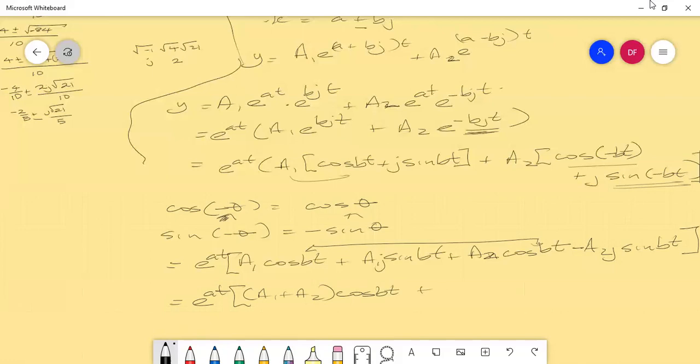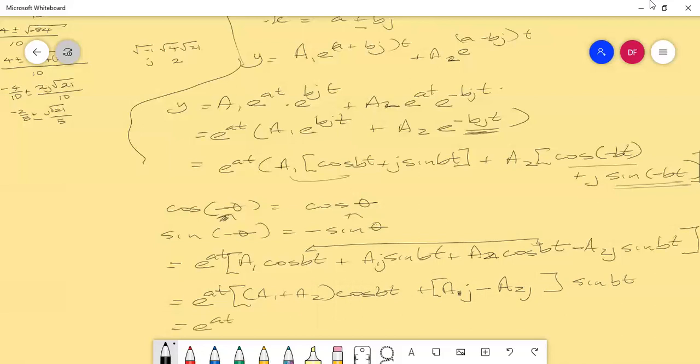plus a1 j minus a2 j sin bt. Now, adding two constants together, we can just write it down as another constant.